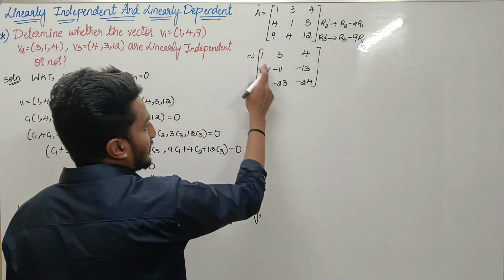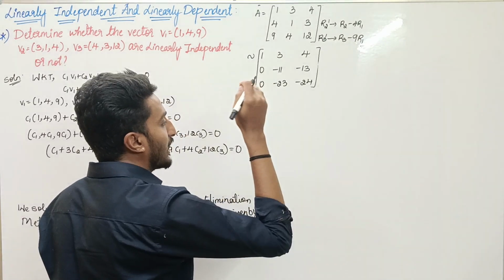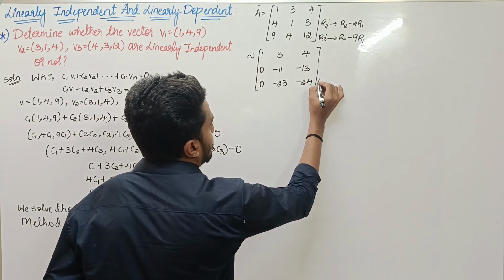See what we need to do next. Below the diagonal, the element minus 23 needs to be made 0. So what are we going to do?